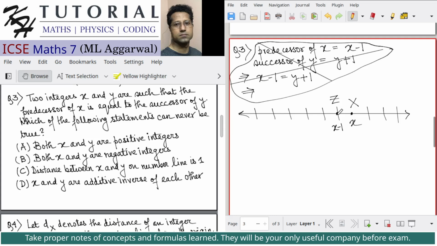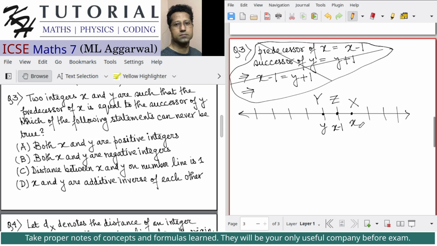Now, the successor of y. Definitely y has to be this point. Then only can we say that the successor of y on the number line is x minus 1, which is marked by the point z.